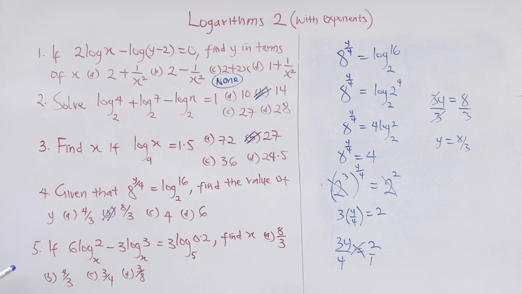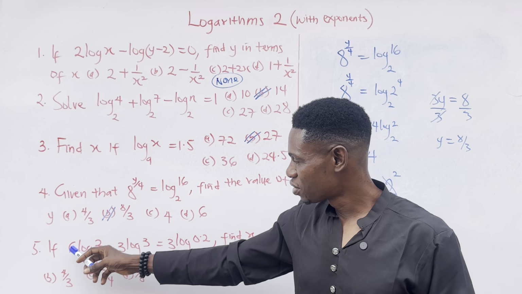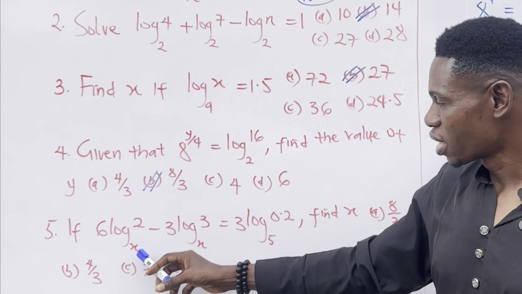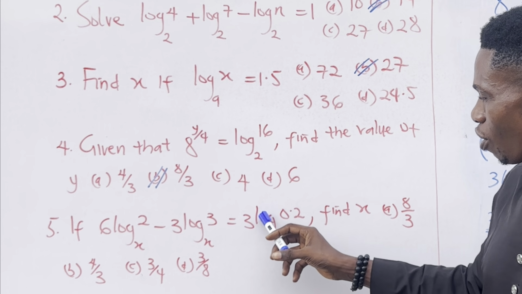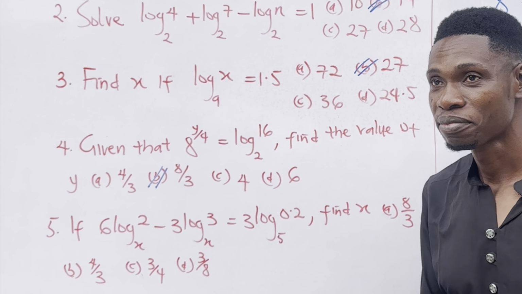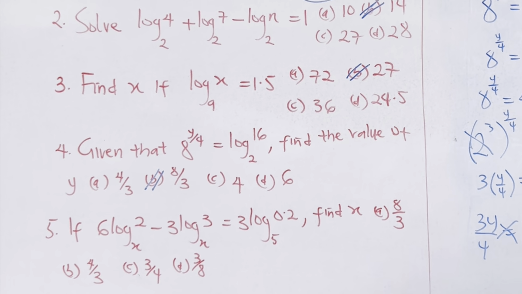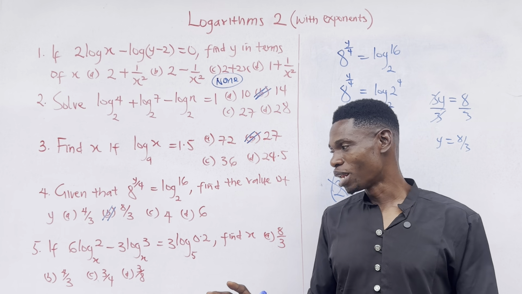Now the last question, but not the least. It says, if 6 log 2 base x minus 3 log 3 base x equals 3 log 0.2 base 5, find x. This will not be difficult. Let me just give you steps, but I won't solve it. I'll expect your answer in the comment section, but let me give you a hint.